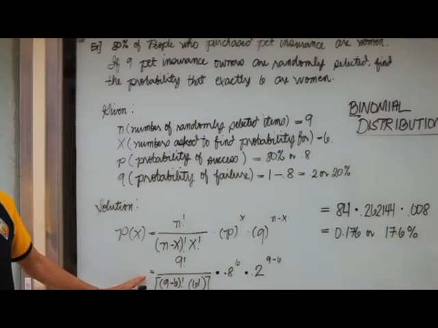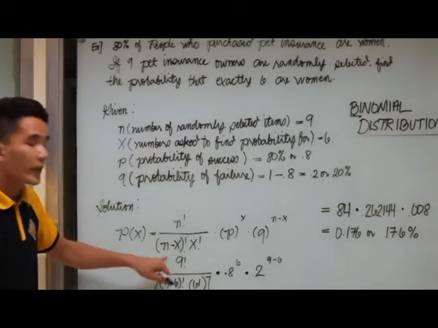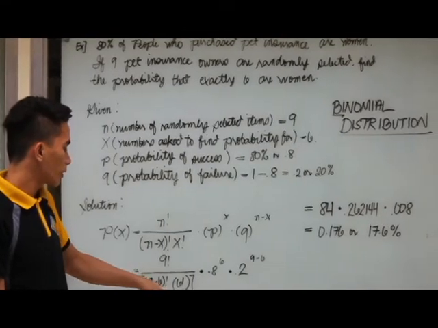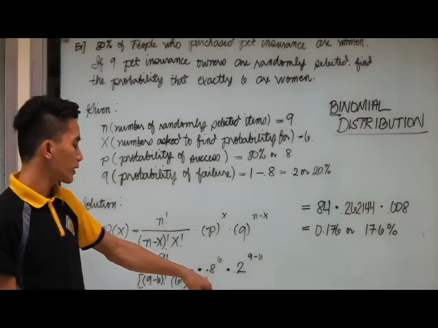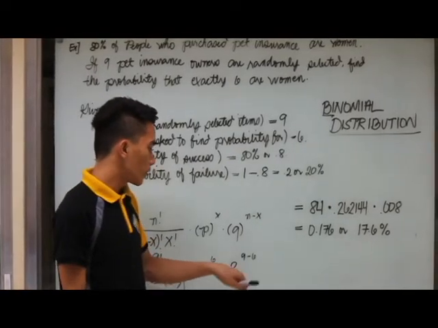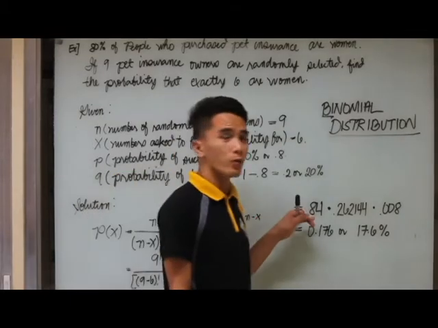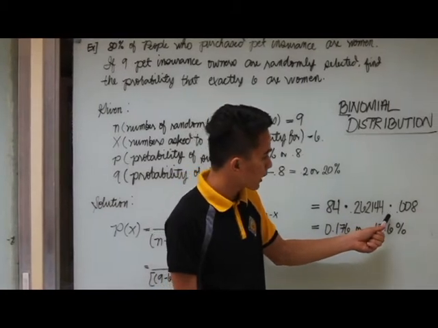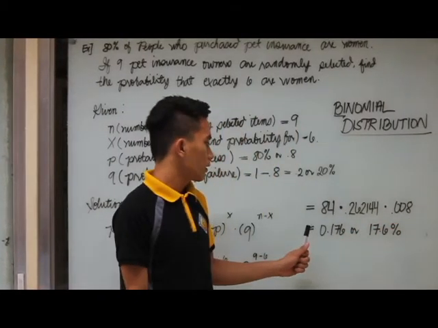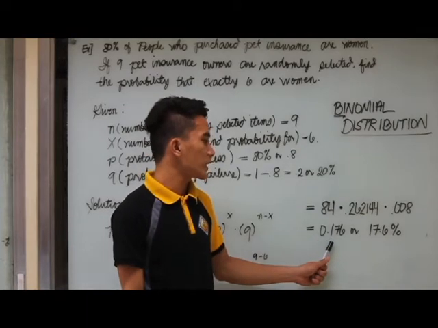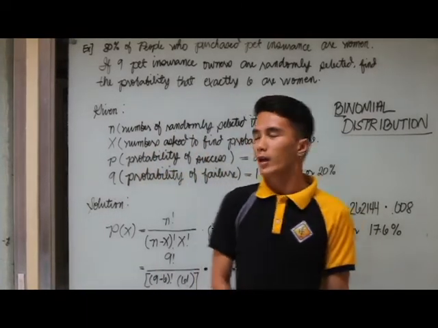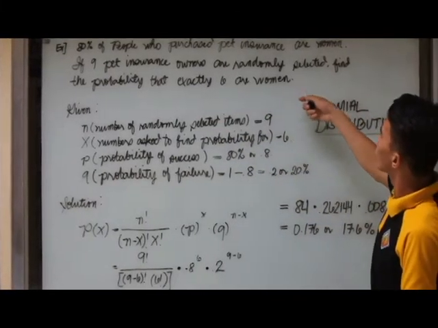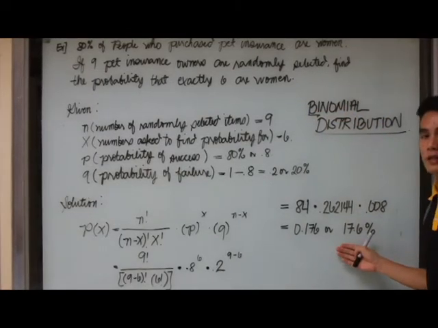So, substituting the variables, 9 factorial over 9 minus 6 factorial times 6 factorial, times 0.8 raised to 6, times 0.2 raised to 9 minus 6, which is equal to 84 times 0.262144 times 0.008 equals 0.176 or 17.6%. Therefore, the probability that exactly 6 women will be randomly selected is 17.6%.